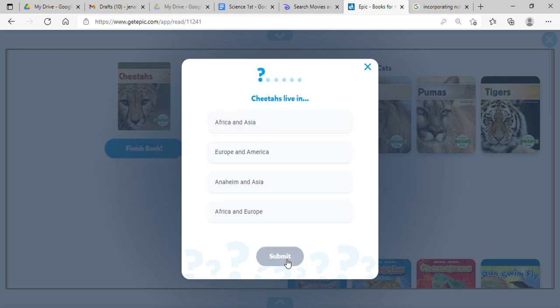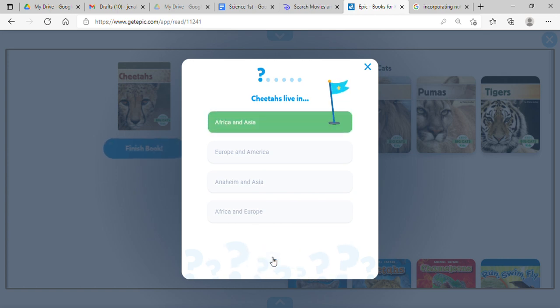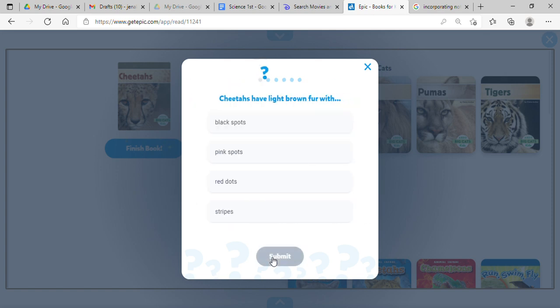Okay, so it says cheetahs live in Africa and Asia, Europe and America, or Asia, Africa and Europe. Where do they live? Good job. Oh, they have flags. Cheetahs have light brown fur with black spots, pink spots, red dots, or stripes.